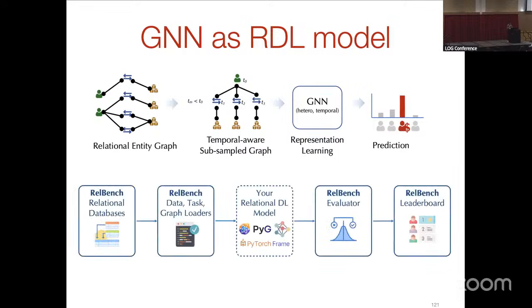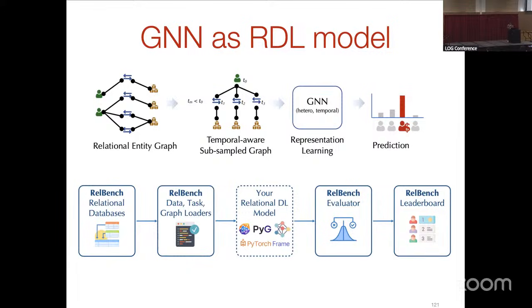We can apply this by using standard machine learning workflows, and we can use PyTorch-based libraries like PyG for GNNs, and PyTorch Frame, which is used to convert the relational databases into vector information, like multimodal node information.